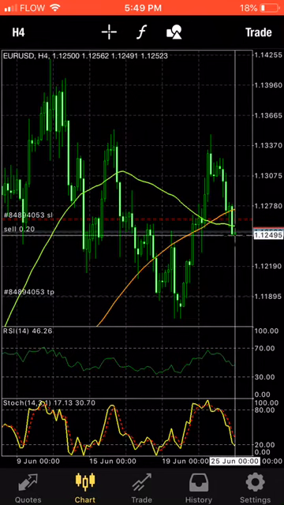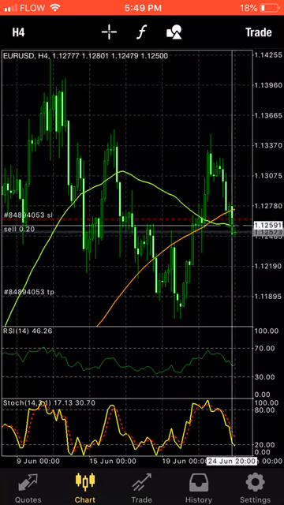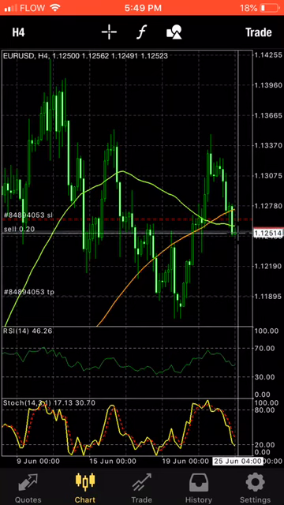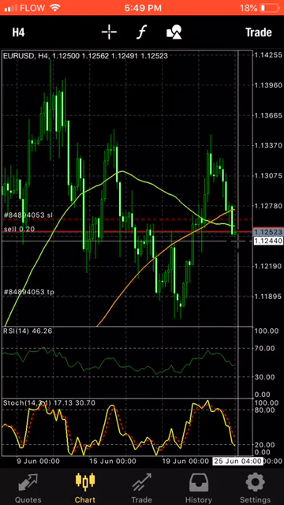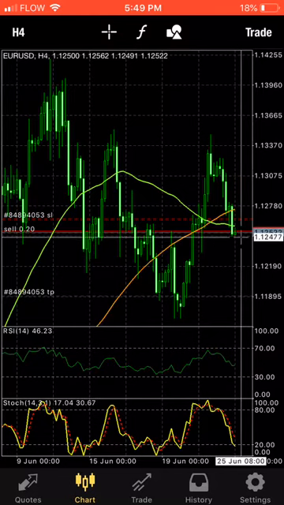So understanding the impact of the lot size on your account is exactly what's going to enable you to calculate your risk on every single trade.